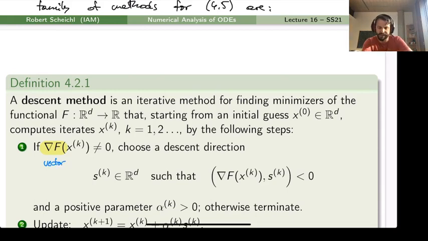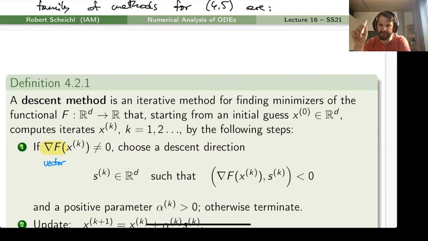So if the gradient of capital F at the iterate is non-zero. Once the gradient of f is 0, we have found a stationary point, and if the curvature is positive there, then we have found a minimum. So while this gradient of f is non-zero, we want to go down.